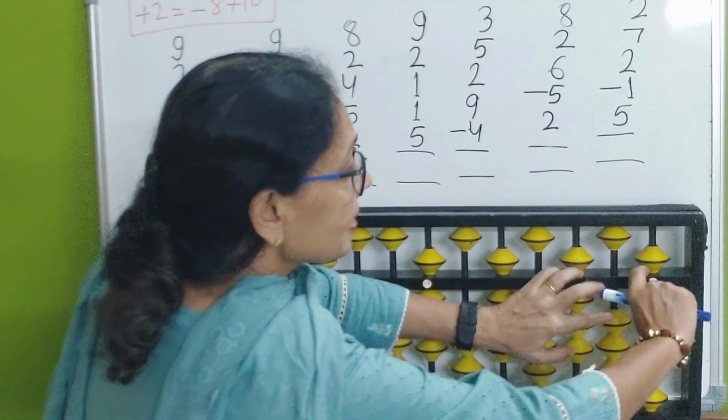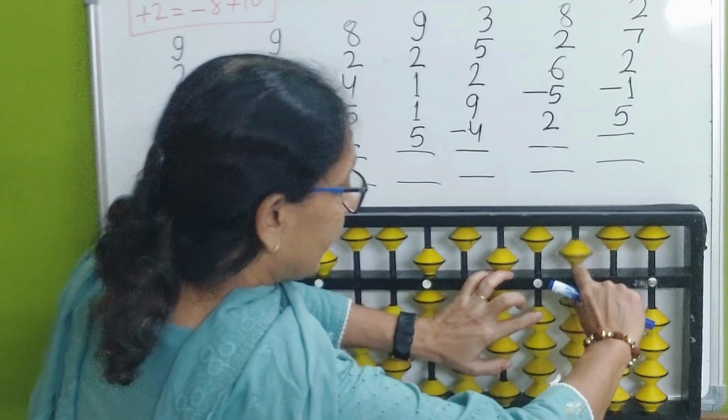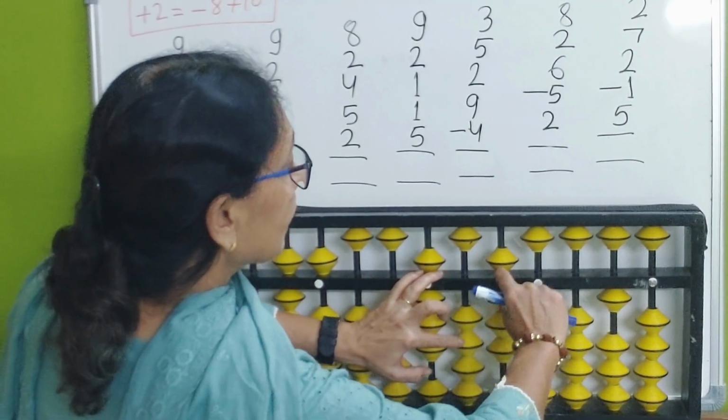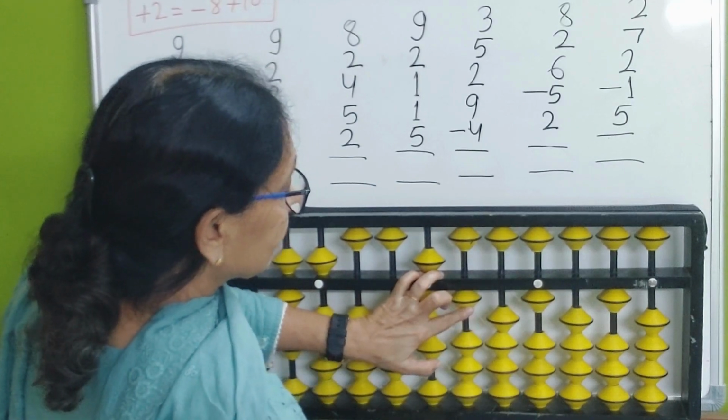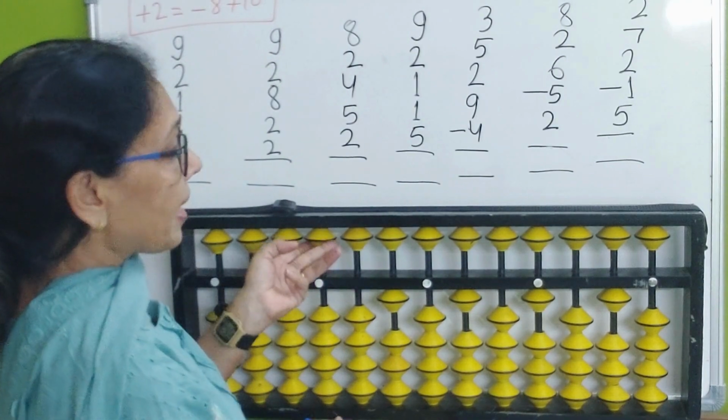Add 2 is less 8 add 10. Add 2 is less 8 add 10. Okay, we did the practice of the formula.